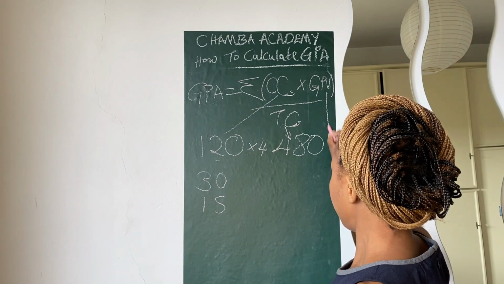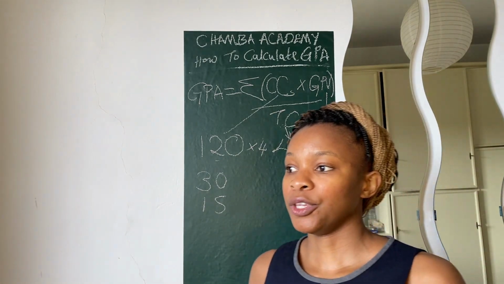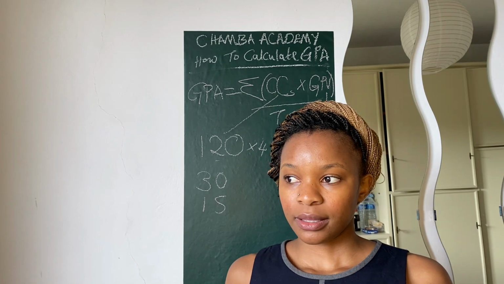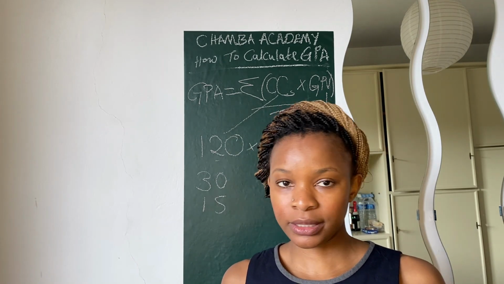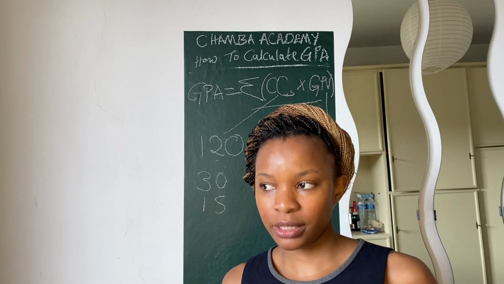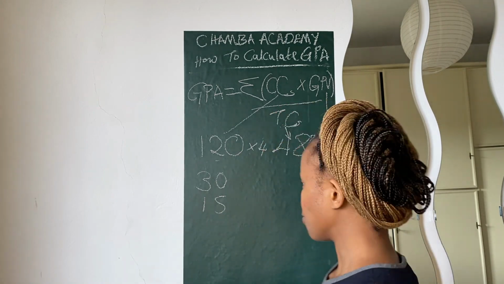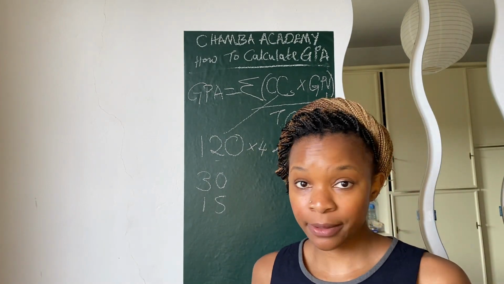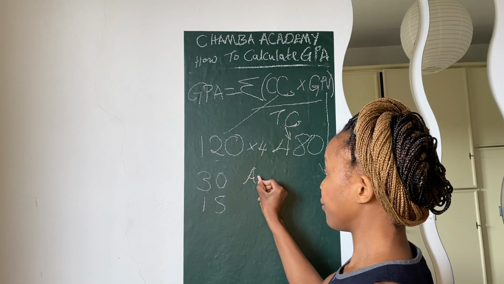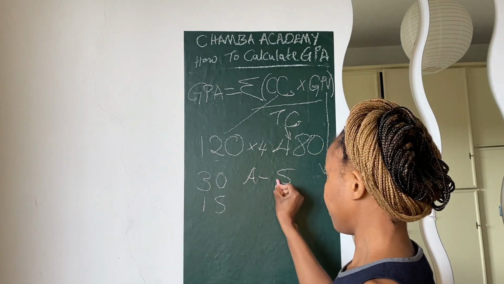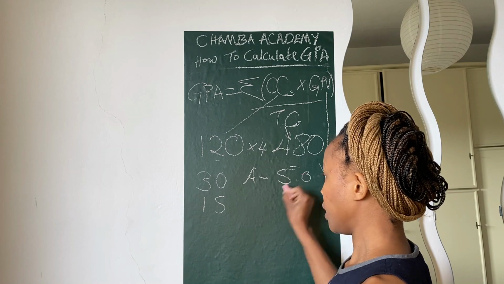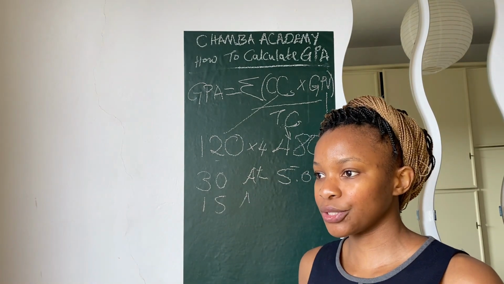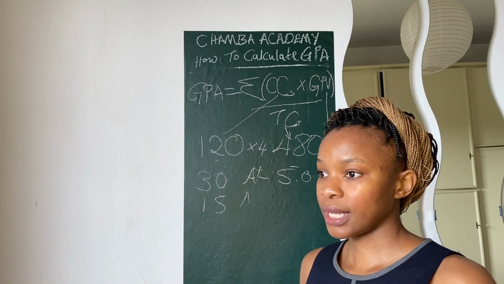Then of course we have our GPV, grade point value. As I earlier stated, the grading system in Zambia is A plus, B plus, and so on and so forth. So since the highest grade is A plus, an A plus is equivalent to 5.0.